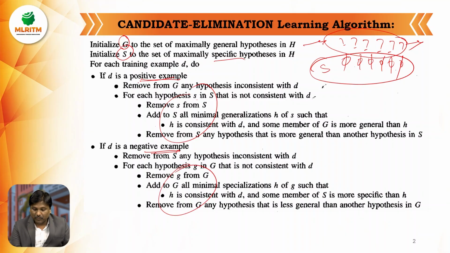So what do we have to do for a positive condition? For a positive condition, remove from G. Any value that does not fit the condition is to be removed from the general hypothesis.